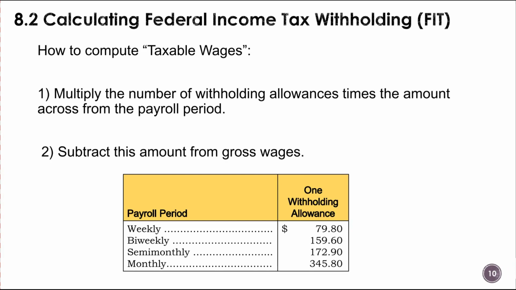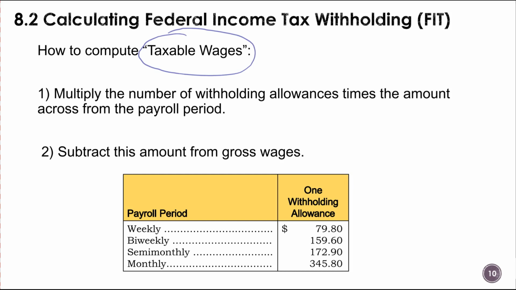And so when we're looking at federal withholding, we have to find something called taxable wages. And we use the taxable wages for the federal withholding tables, so we have to determine what that would be first. And we do that by, number one, we multiply the number of withholding allowances times the amount across from the payroll period.